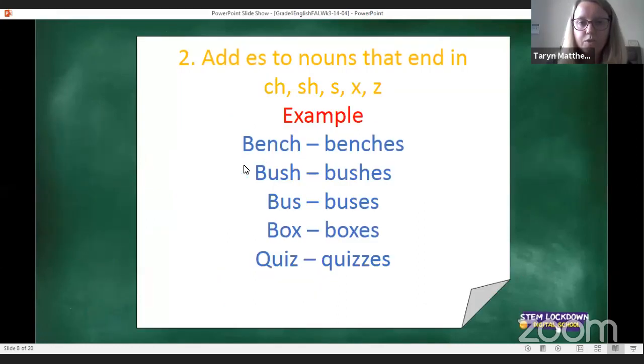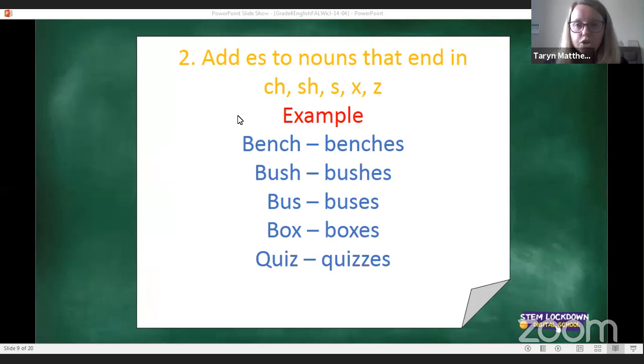So rule number two says I need to add ES to nouns that end in ch, sh, s, x, or z. So if I have a word like bench, then it becomes benches because it ends in that ch sound.